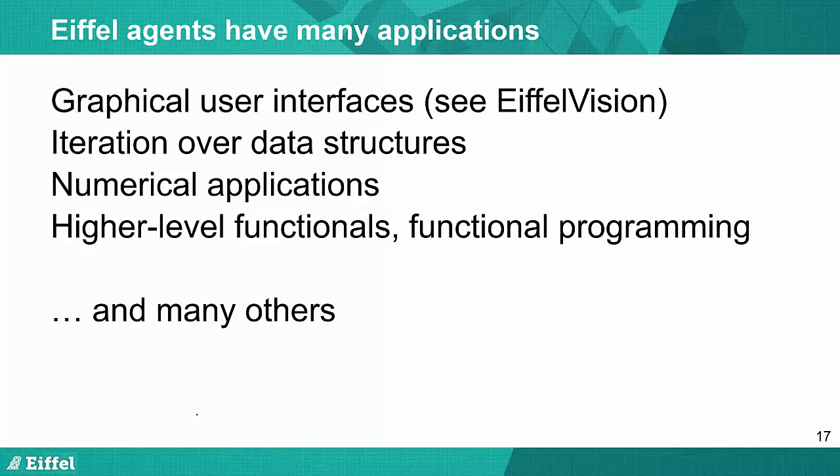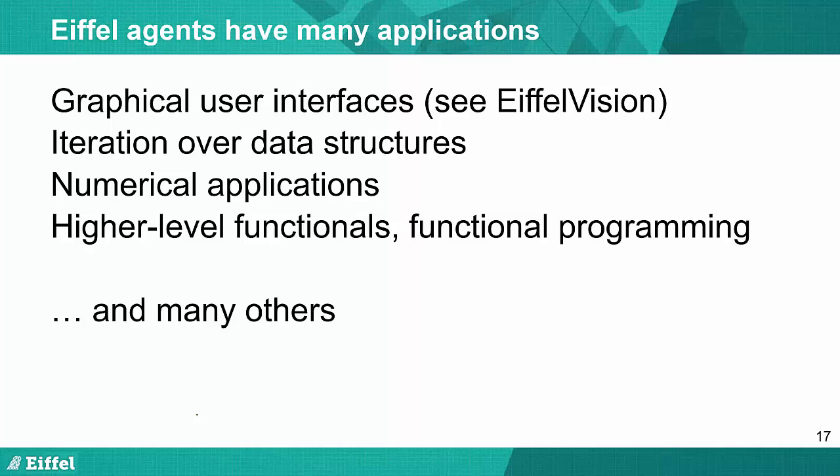In particular, the powerful graphical user interface library for Eiffel, Eiffel Vision, uses agents a lot, and that's understandable because very often when you have a graphical application or a web application for that matter, what you want to do is that when the user does something, for example, clicks a certain button, the program will execute some operation from your application, but the Eiffel Vision library does not know about your application.